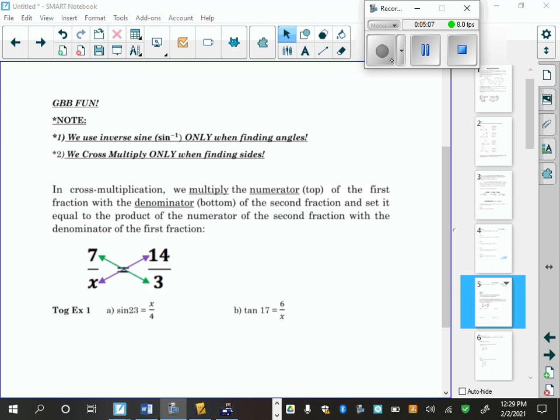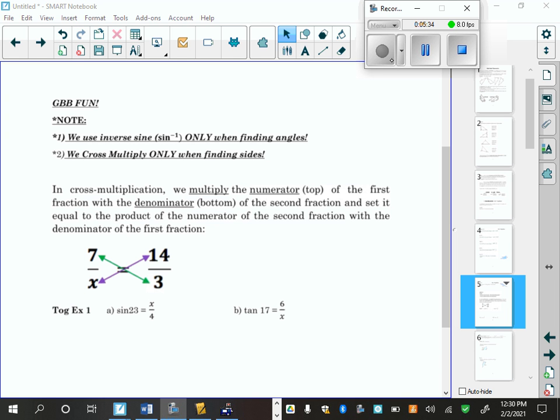Remember we talked yesterday, the first thing we talked about is whether we're finding an angle or a side. If we're finding an angle, we use sine x and do inverse sine. If we're finding a side, we cross multiply, which we're doing today for the first time. So it's important to look to see what x is, a side or an angle, and that tells you whether to do inverse sine if it's an angle, or cross multiply if it's a side. No guessing.